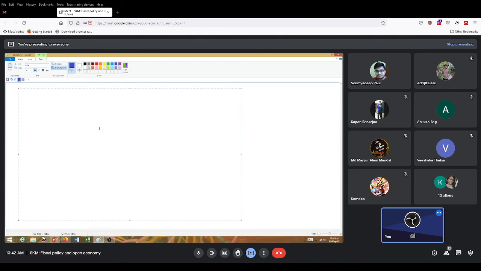See what happens, let us look at the increase in G, and this is the increase in T. Let us consider the first period.